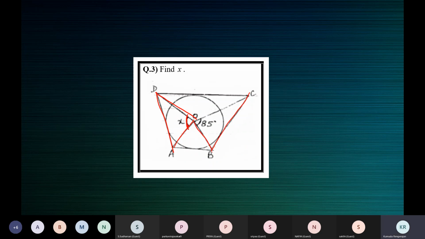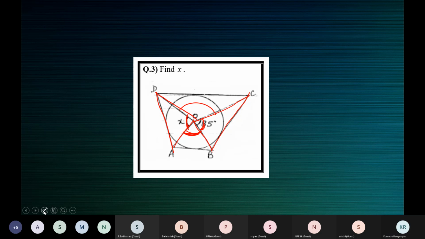Join B to O, C to O. Why O? Because it is the center. This angle is the angle subtended by BC at the center. Similarly, this is the angle subtended by side AB at the center. This is the angle subtended by side CD at the center. The opposite sides subtend supplementary angles at the center.